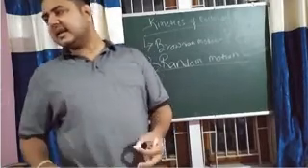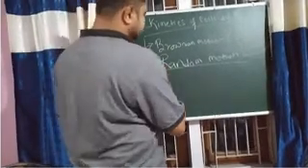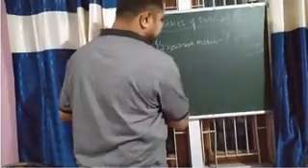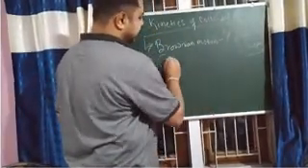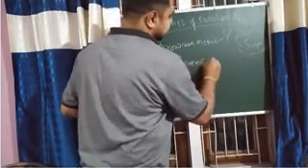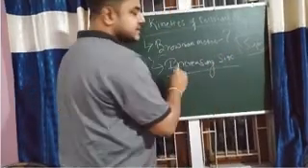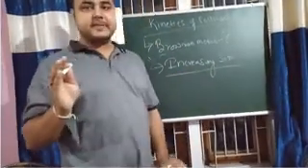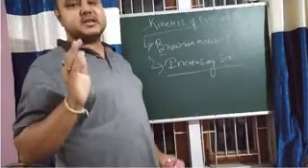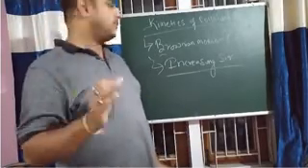Now, how can we reduce this Brownian motion? Simply by increasing the size. I repeat, if we increase the size of the dispersed phase, then the Brownian motion can be hindered or can be stopped.